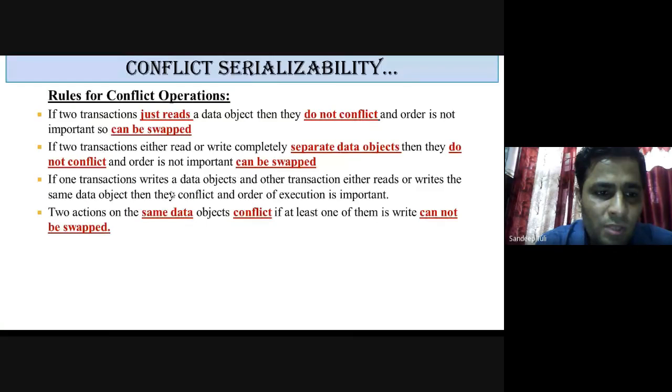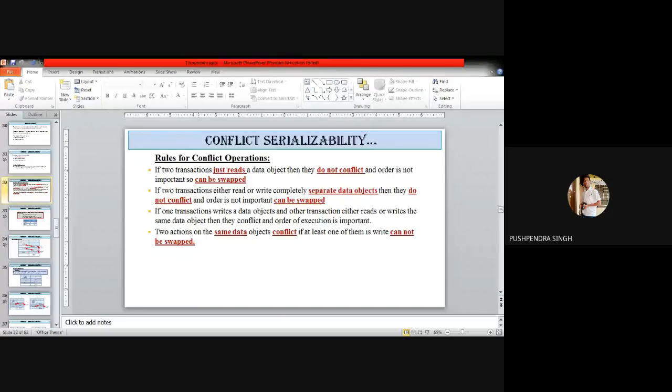So order does not matter in that case and we can swap them. The second one is also for swapping: if two transactions either read or write completely separate data objects, then they do not conflict and the order is again not important, so we can swap them. Is it visible to you all? Yes, sir.